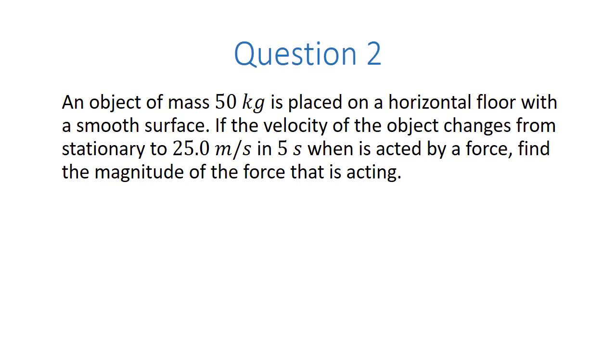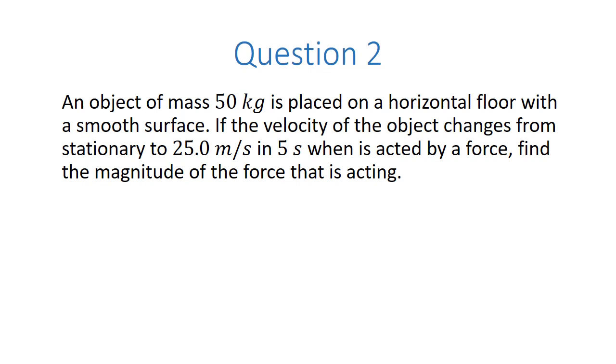So the question is asking for force, the magnitude of the force. Okay, to find out the magnitude of the force, what formula can we apply? We can apply F equals to ma. But do we have F? Yes, we do. But do we have a? Do we have the acceleration or not? We don't have.